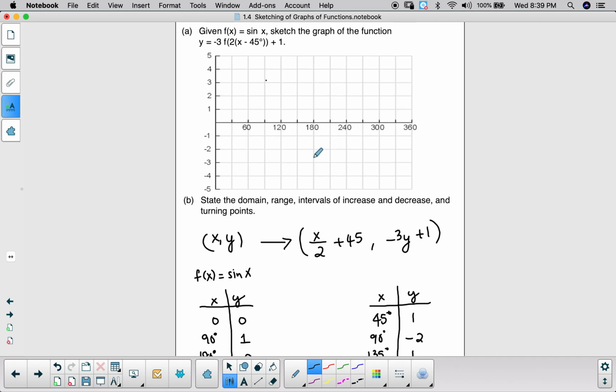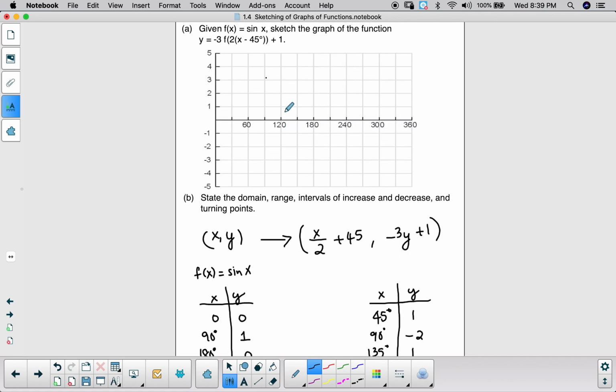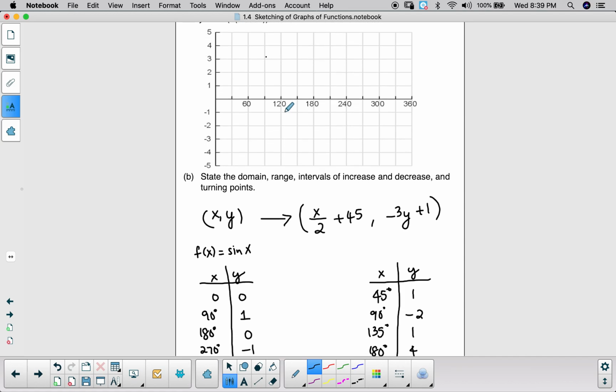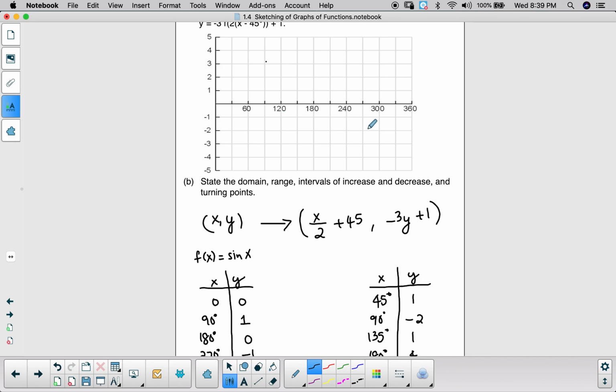Let's say somewhere here is our 45. We need 45 degrees.